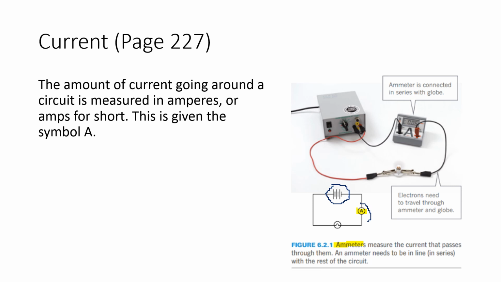You have your ammeter to measure the current of the circuit, and you have your light globe. Using this method, we will be able to measure how much current is passing through the wire, because you are actually measuring the amount of electrons that is passing through the wire. I'm moving on to the next slide.